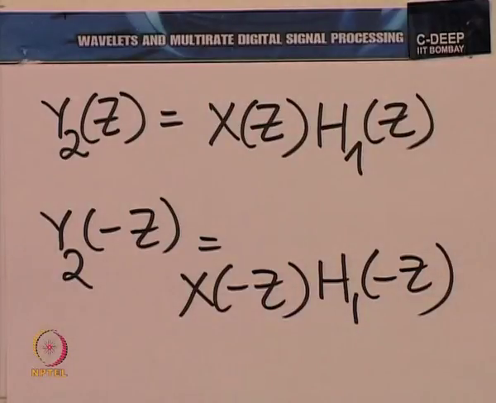What I am trying to bring out from this argument or these equations is that each of these terms is going to have a contribution from X(z) and a contribution from X(-z). Now, later on we shall interpret these terms X(z) and X(-z), but for the time being all that we need to do is to identify that there is an X(z) set of terms and X(-z) set of terms, which we can together write down as follows.